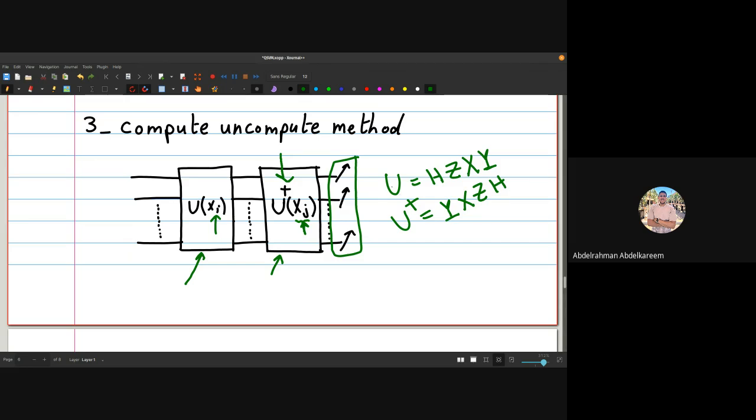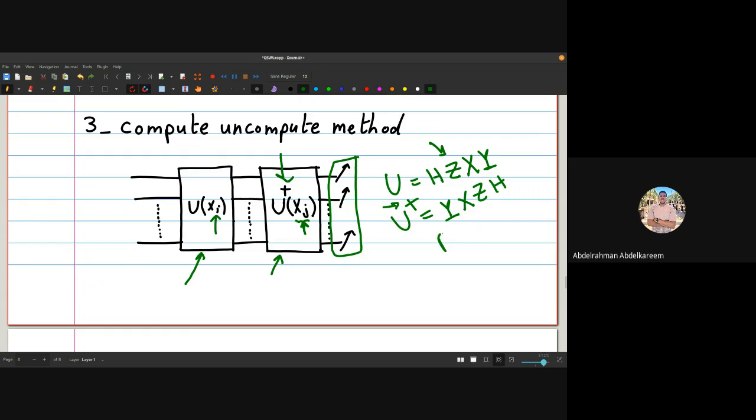When you apply Y and then Y dagger or adjoint, it will be unitary at the end. So this is the dagger part. You apply the inverse of the matrices and reverse the order. As you can see, the inverse of Hadamard is also Hadamard, because these are called Hermitian operators.